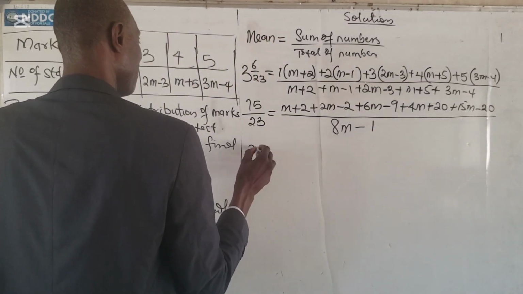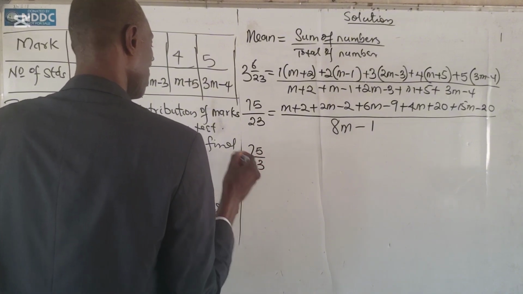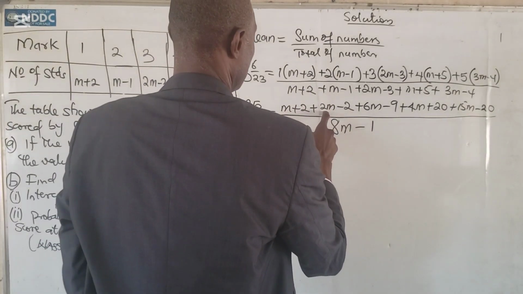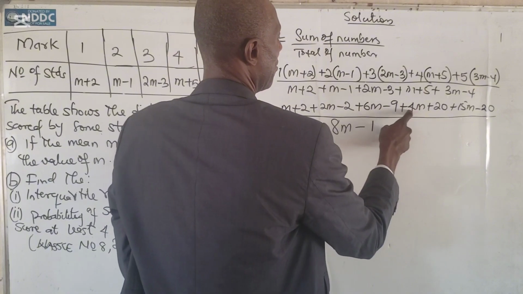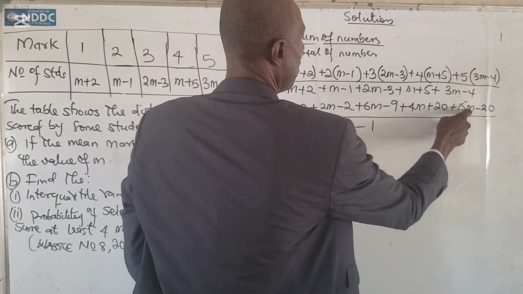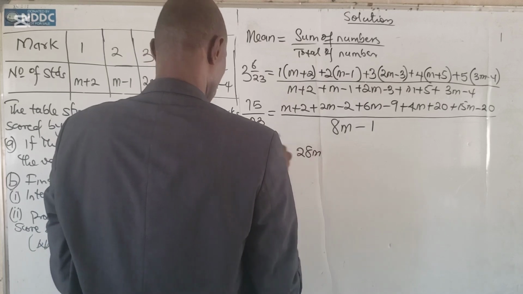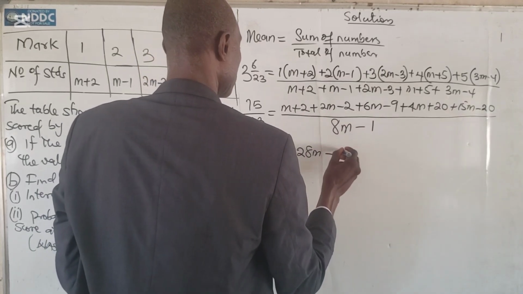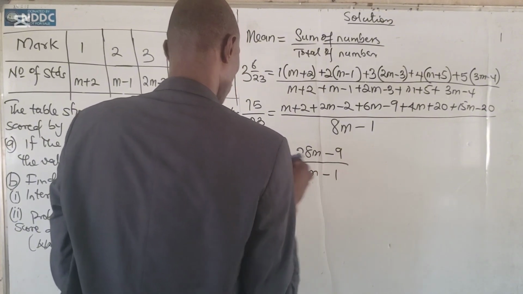So here is 75 over 23 equals 28m minus 9 over 8m minus 1. When you add all the m's together, you have 28m, and adding the constants together gives minus 9.